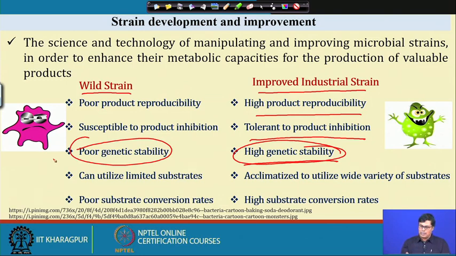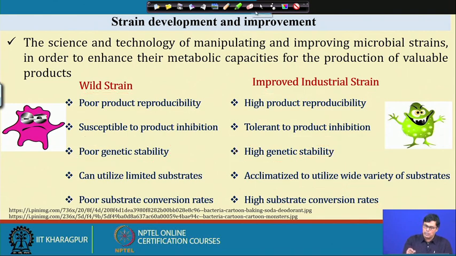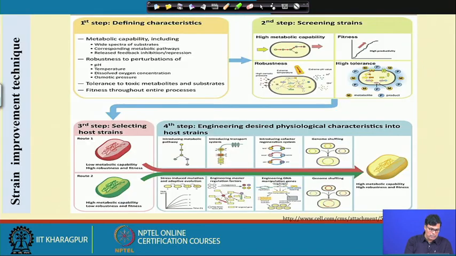It should have high stability. Genetic stability is a very important factor. It is also acclimatized to utilize a wide variety of substrates, which reduces the cost of the product, and it has high substrate conversion efficiency. This helps in the wastewater treatment process, because the load on wastewater treatment will be less.